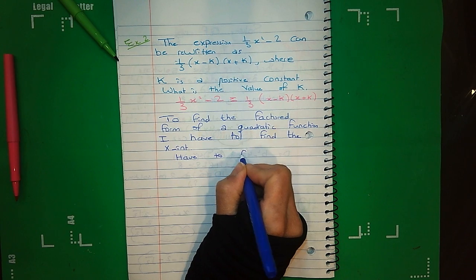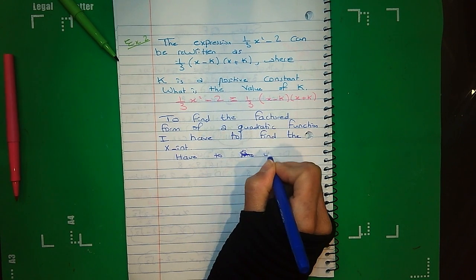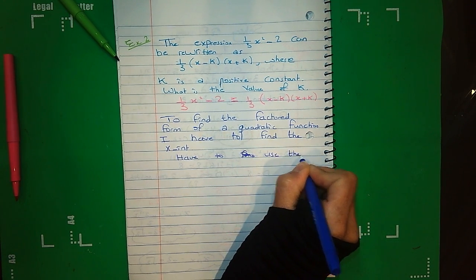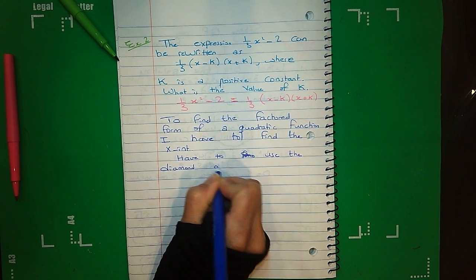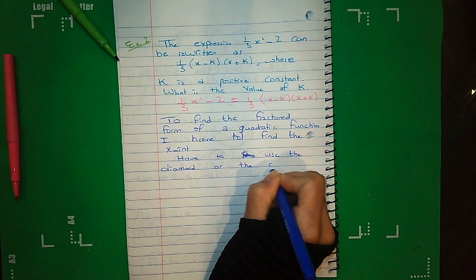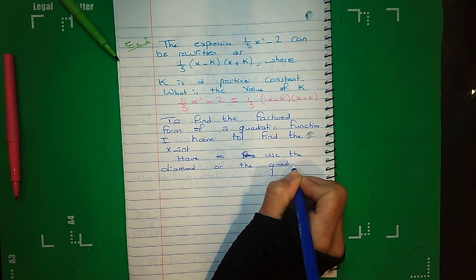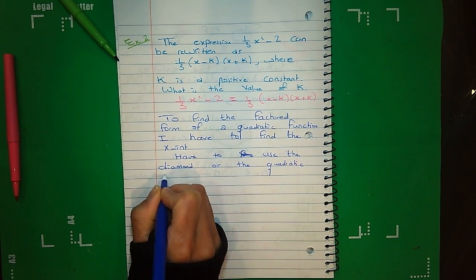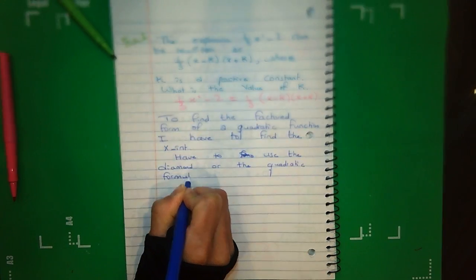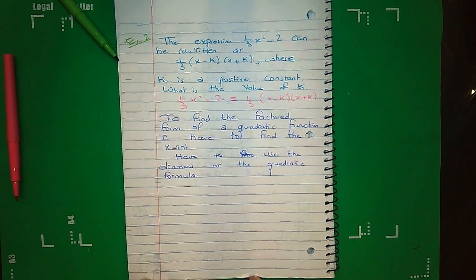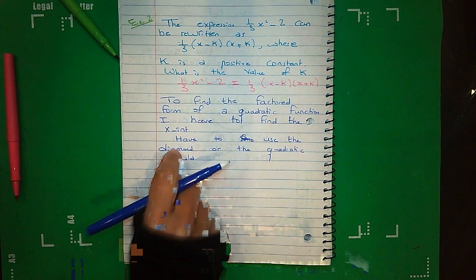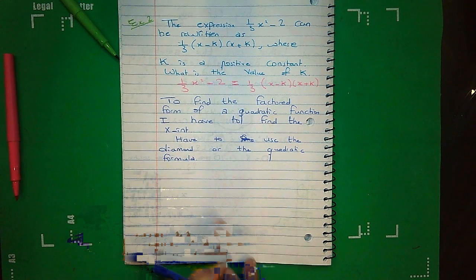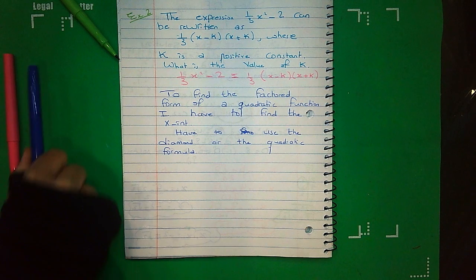You can use the diamond method or the quadratic formula. Both of them, whatever you use, if you use the diamond method, it's still going to give you the same answer as the quadratic formula. So it's up to you which method you want to go with.